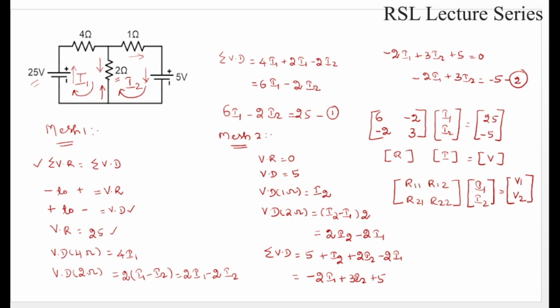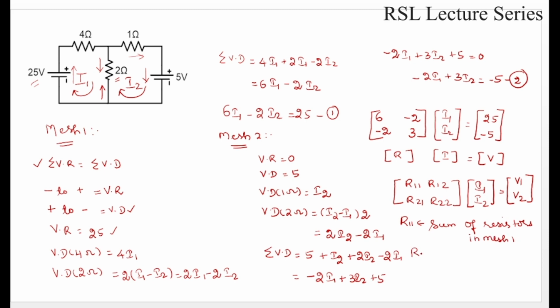If you see here, R11 is equal to 6. 6 is nothing but 4 ohms plus 2 ohms. So in mesh 1 we have 2 resistors, 4 and 2, and if we add these two, we'll get 6. So R11 is the sum of resistors in mesh 1.